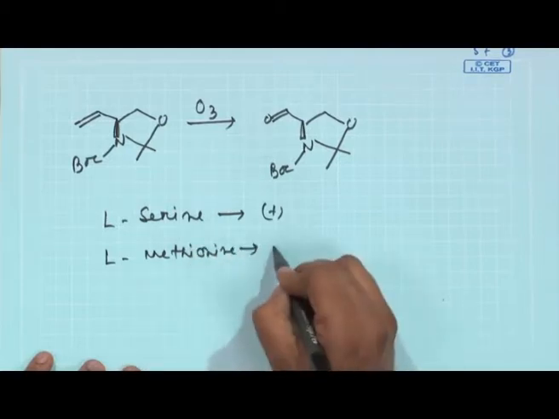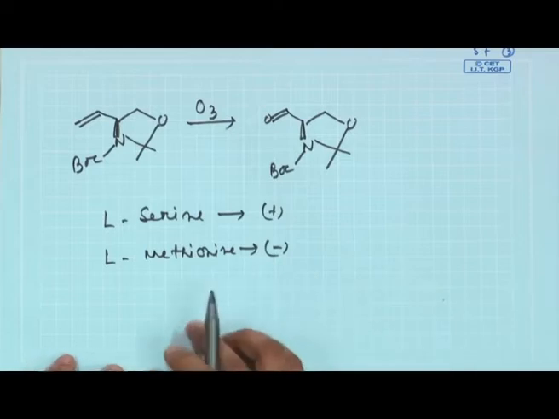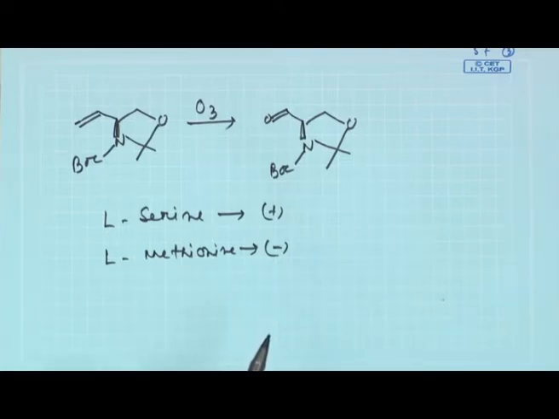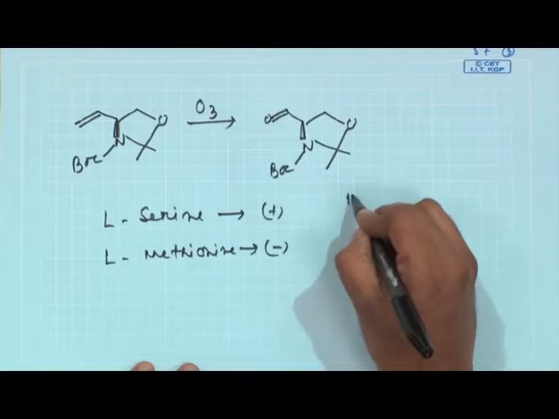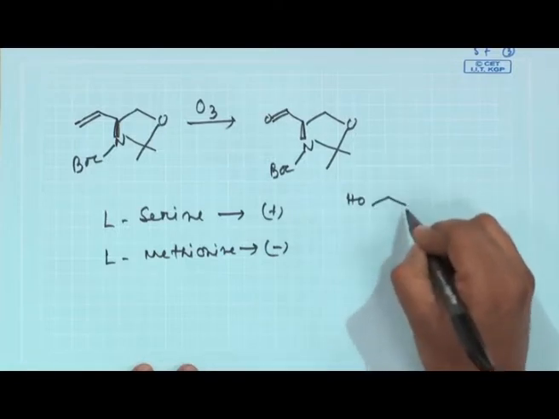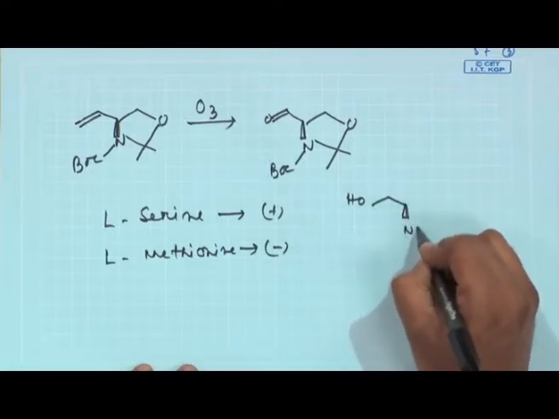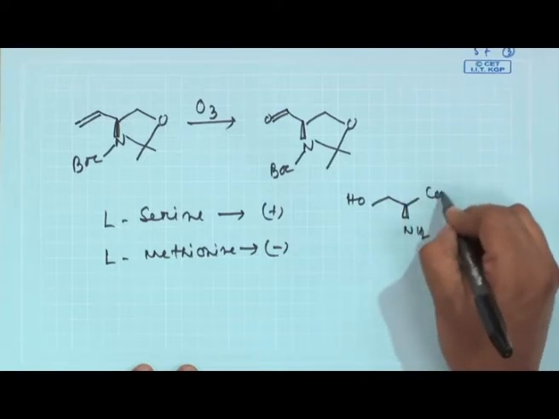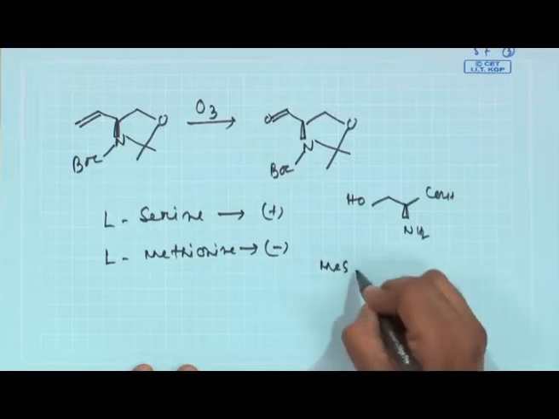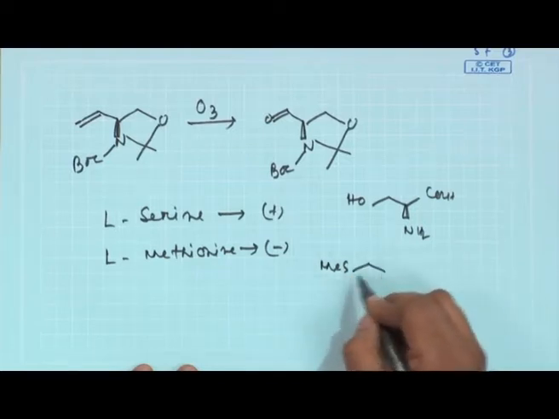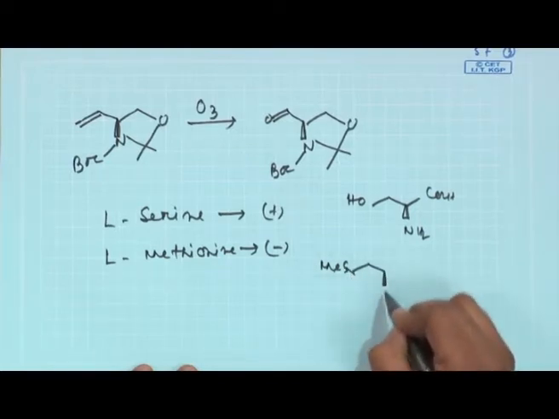So, the divergency is coming from the starting material structure, though the absolute configuration on the stereogenic center remains the same. The starting material serine has this structure, the starting material methionine has this structure.